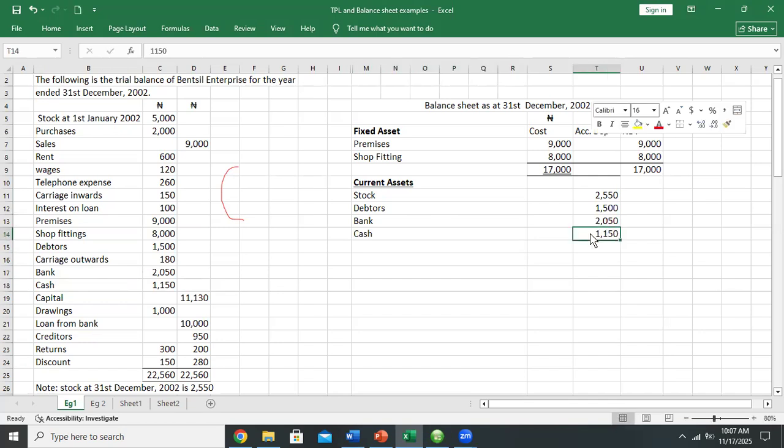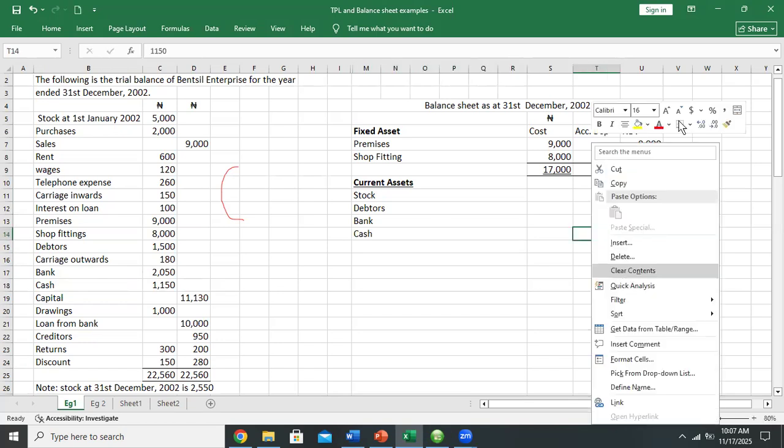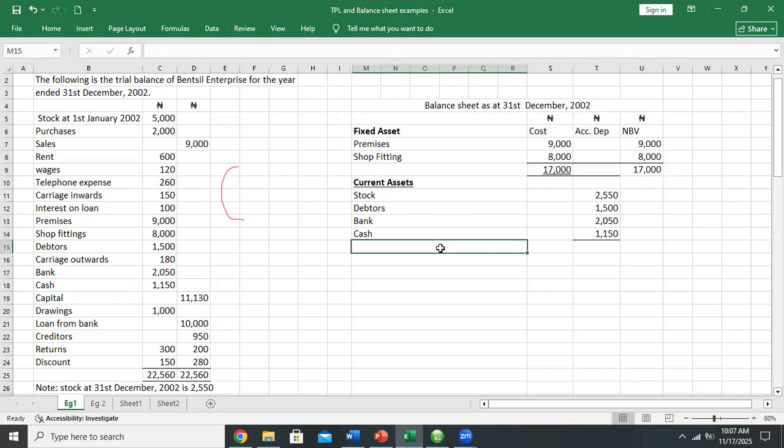You sum them up to get your total current assets. Great.